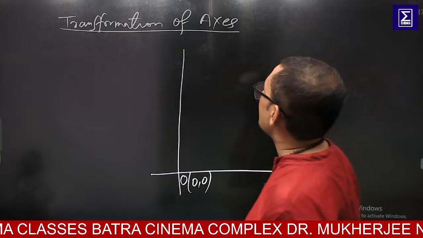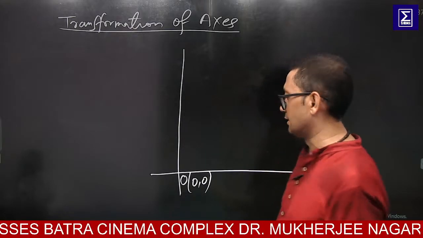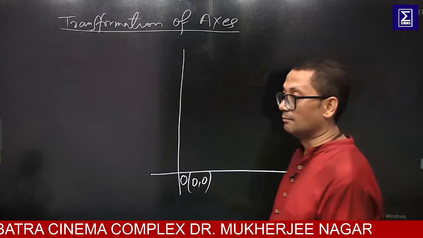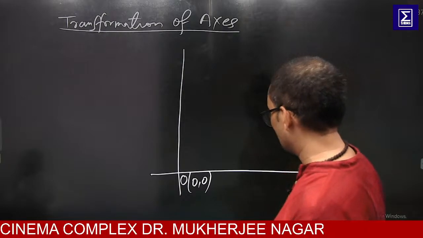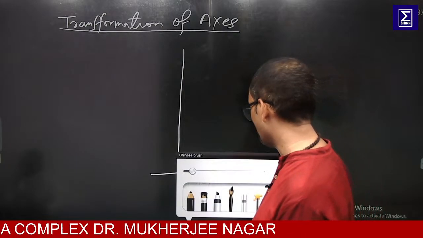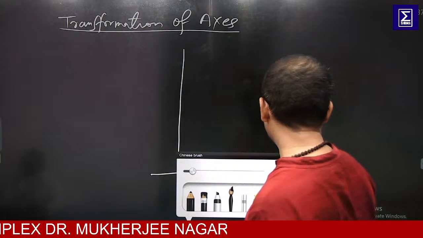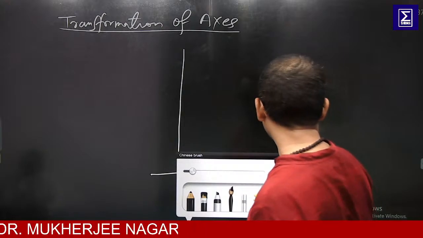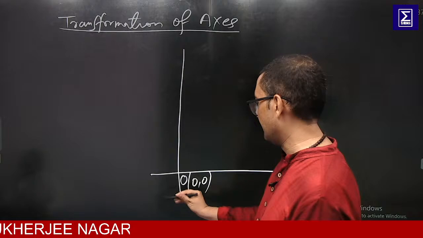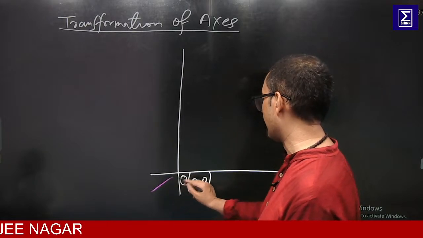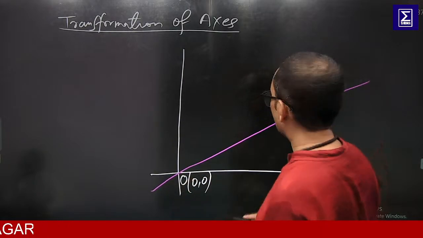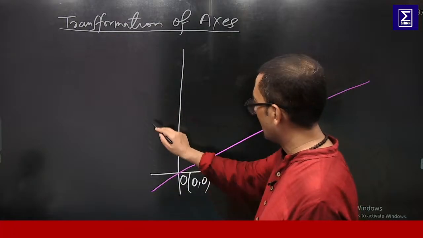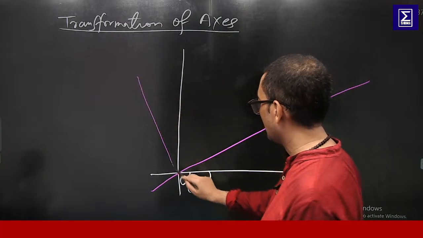Now this time there is no shifting of origin, rather the axes are rotating by a particular angle. So the old origin and new origin both are the same here. It is just tilting with some particular angle, let it be this, and here this.